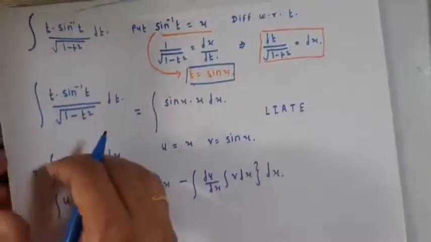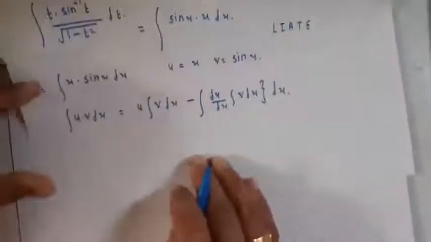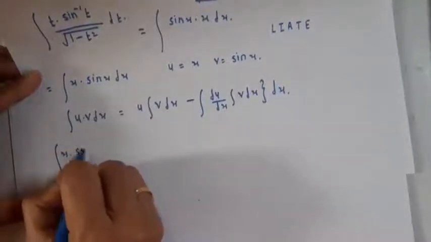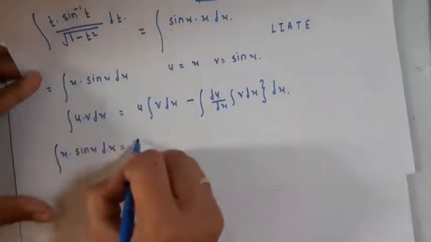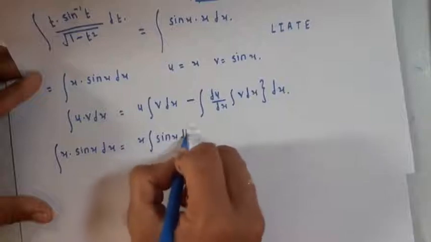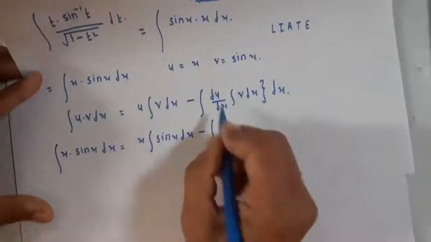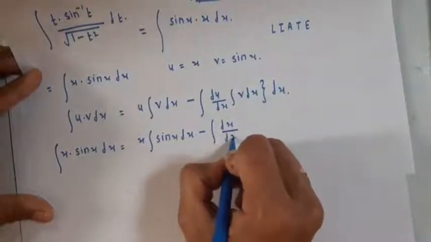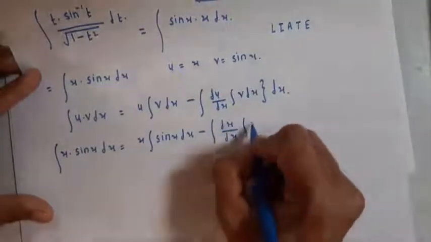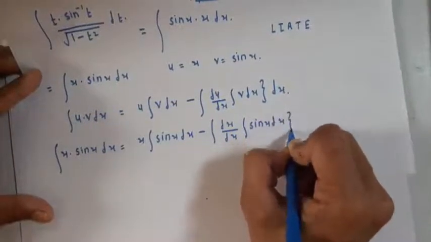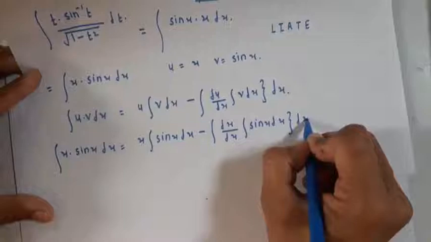Now the integration of x into sine of x with respect to x: u is x, into integration of sine x with respect to x, minus differentiation of x with respect to x into integration of sine of x with respect to x, and whole with respect to x.